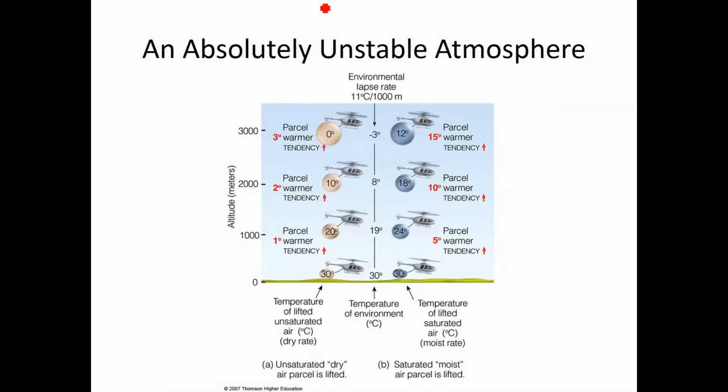In an absolutely unstable atmosphere, any parcel can rise. In this case, the environmental lapse rate is greater than the dry rate. As a result, both dry and moist parcels can rise.